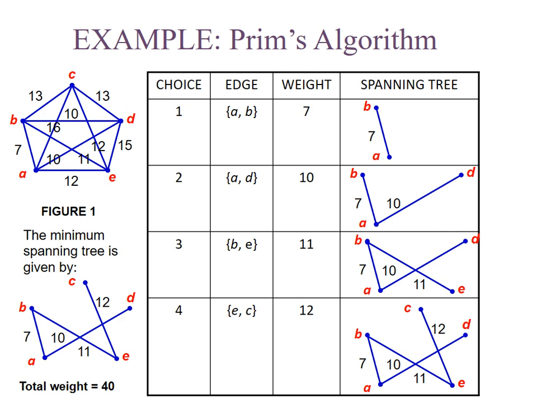So we cannot choose AE, right? Because if you choose AE, then you will form a cycle. So we have only one choice, which is EC. So once you choose EC, you just add the edge into the tree with the edge weight 12.